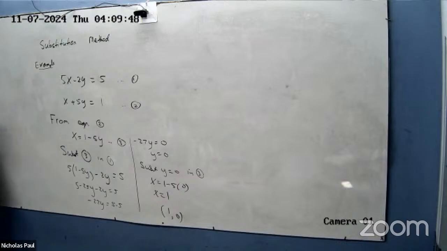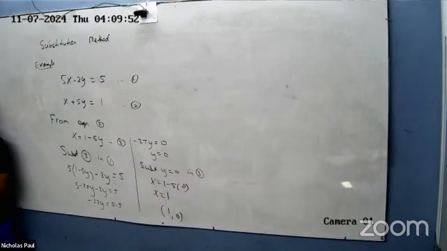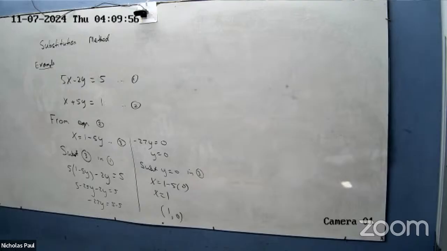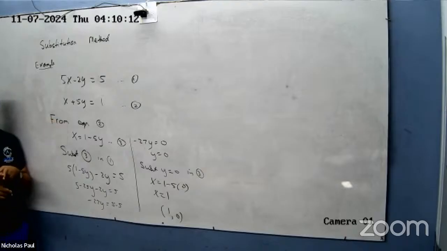While we're copying it down, let me pick on somebody to tell me these steps again. Tell me the 4 main steps. What's the first step? Pick the equation where x and y coefficients is 1.